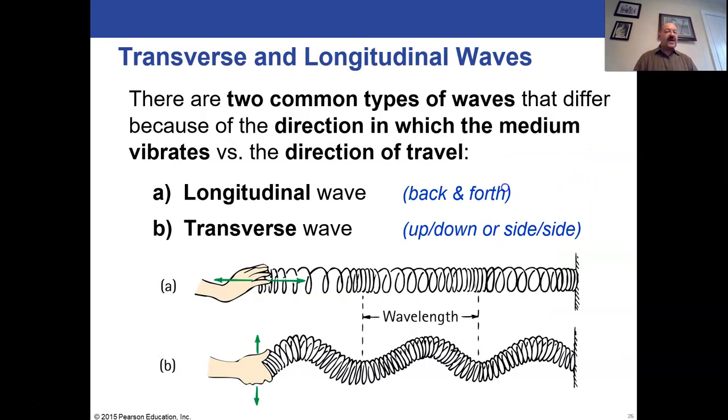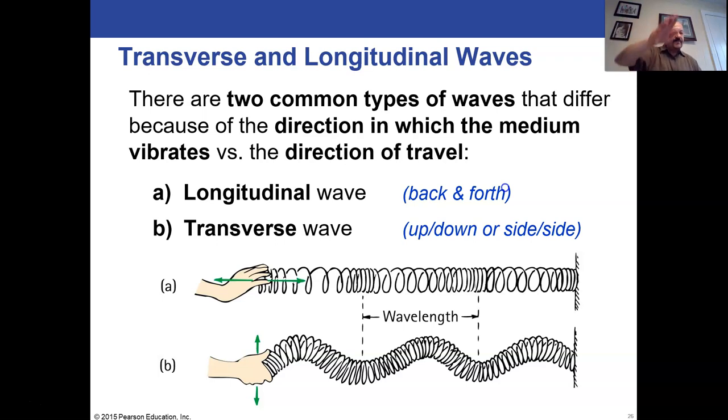All right, so now let's talk about the two major categories of waves: transverse waves and longitudinal waves. These are the two most common versions, and they differ. They both can travel forward or travel up or travel back. But if we're traveling in a direction, what's different about them is one of them has the wave motion, the vibration, moving perpendicular to the direction of the wave, and that is the transverse wave, B, the second one.